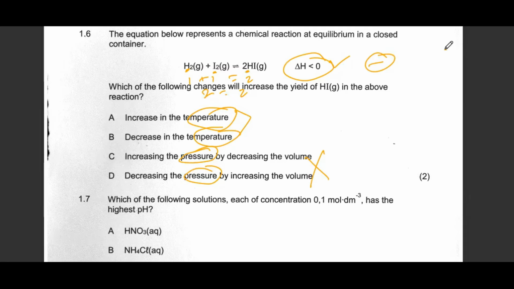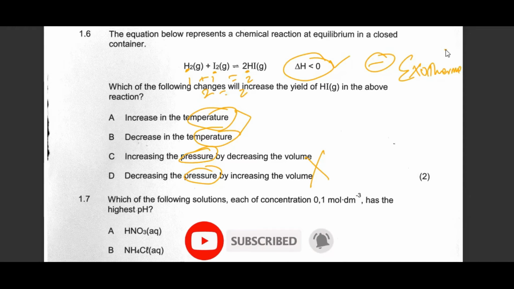So in this case, because it is negative, therefore the reaction is exothermic. If the reaction is exothermic, then automatically it means that if you increase the temperature, the reaction is going to decrease.